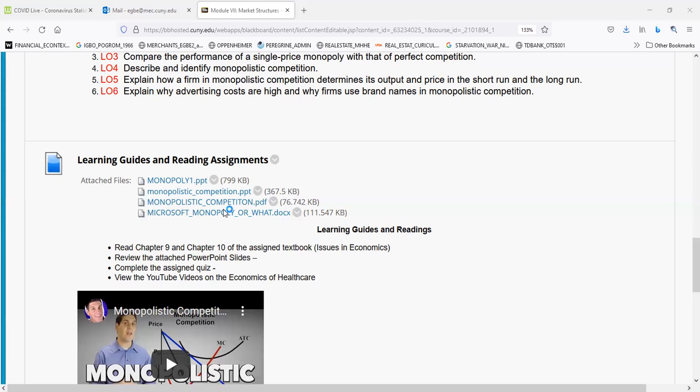Another example of monopolistic competition is clothing, because you might like clothing of different colors and different designs. Other examples could be even food in restaurants, because you like certain kinds of food and not others.